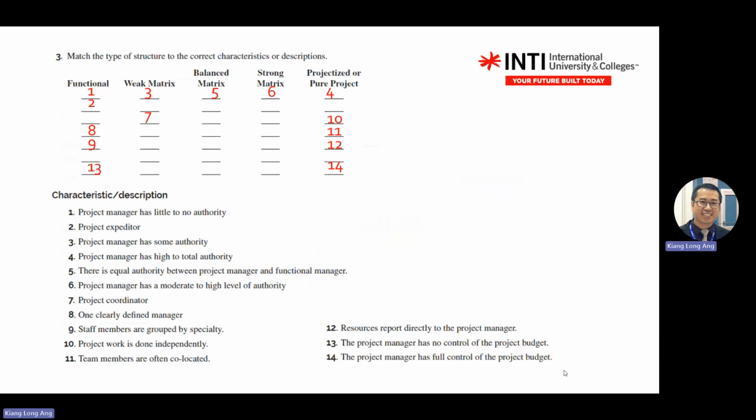You check our slide. Team members are often co-located. To me, it cannot be functional for sure. Functional cannot be co-located. Right? So it can be either matrix or pure projectized.